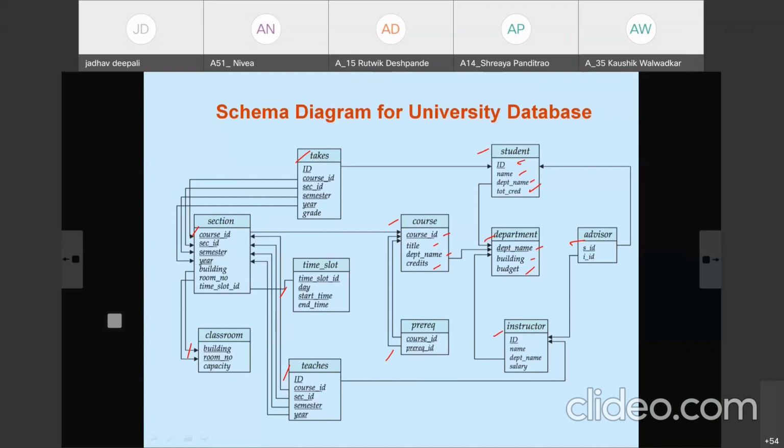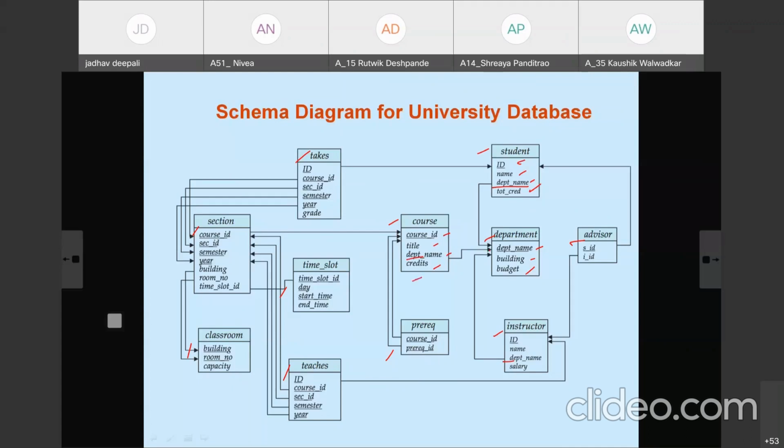Along with that, this schema, the entire logical design, indicates that this department name appears here also, and here also, and here also. It means there is a relation between these 4 tables. Students belong to this department, or these are members of this department.